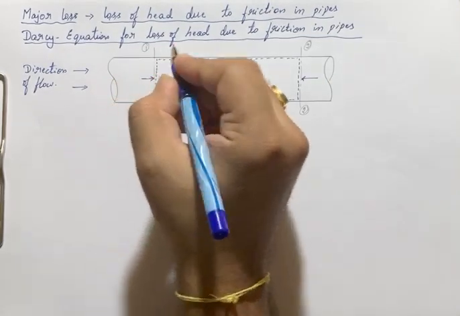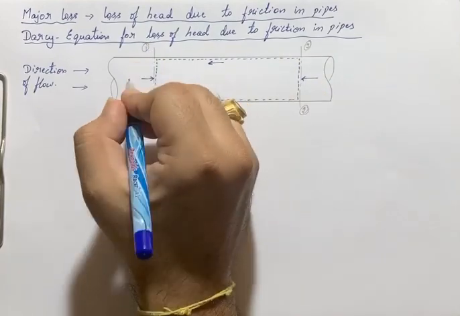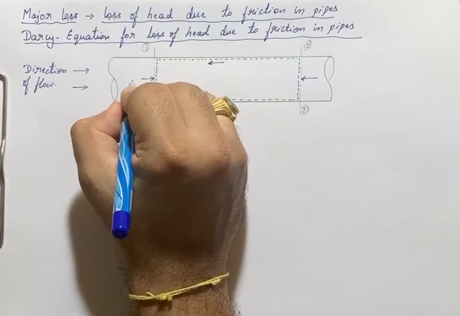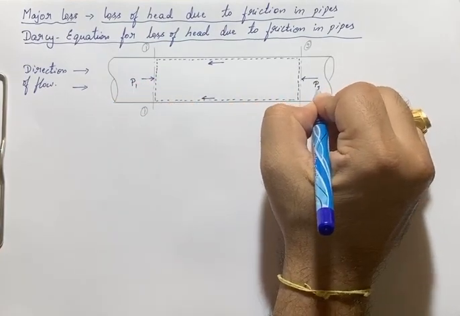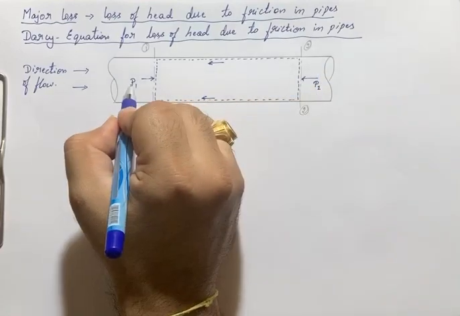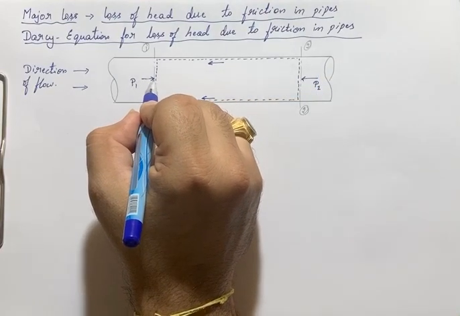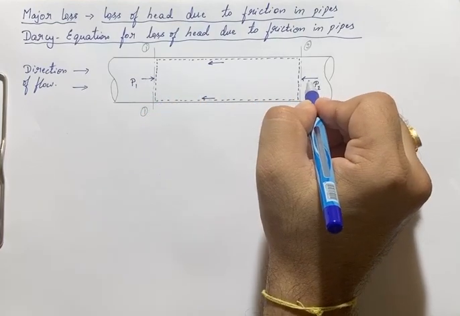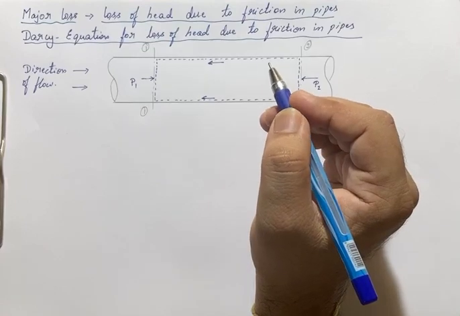In this long pipe, we have considered two sections, section 1 and section 2. In section 1, the intensity of pressure I will call P1. Similarly, in section 2, intensity of pressure I will call P2. In section 1, pressure is acting in the direction of flow, and in section 2 the pressure is acting in the direction opposite to the direction of flow.